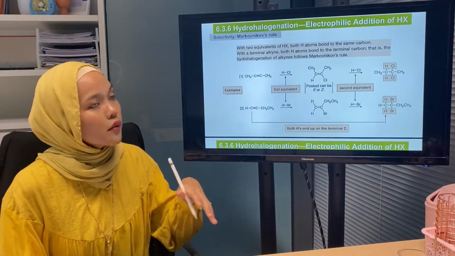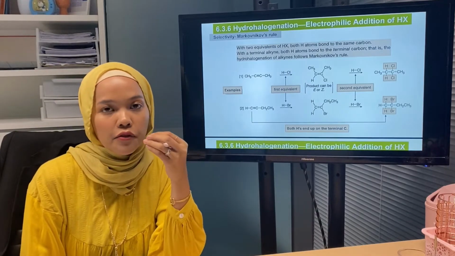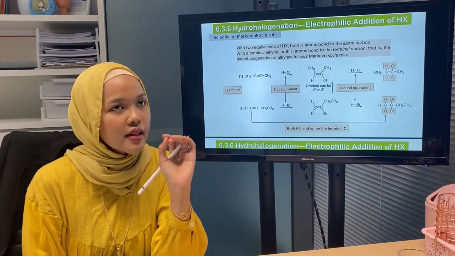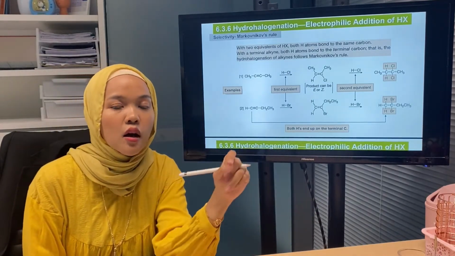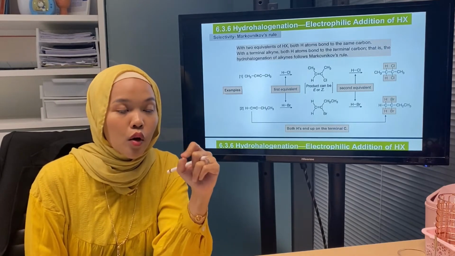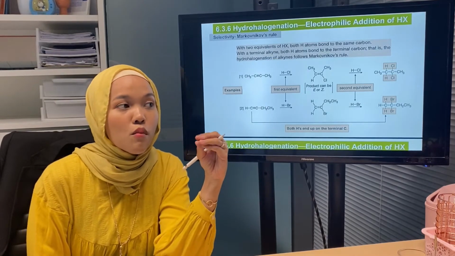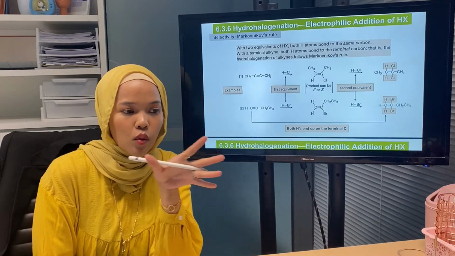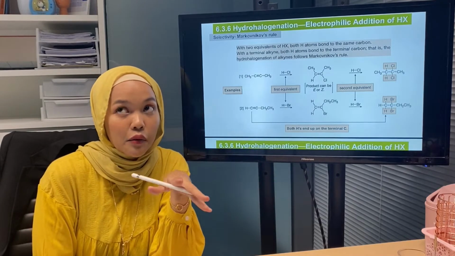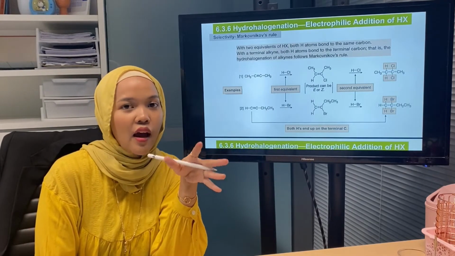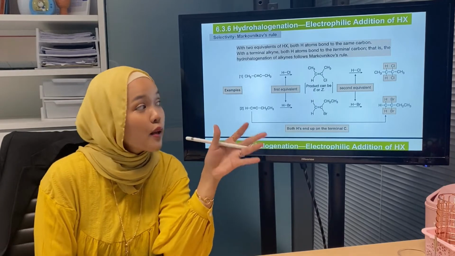Remember about the Markovnikov rule: hydrogen will tend to go where there is more hydrogen. Hydrogen likes to attach to the carbon that has its friends.